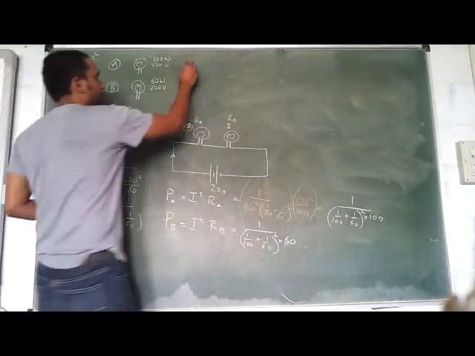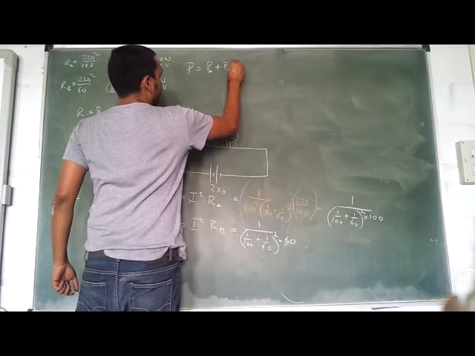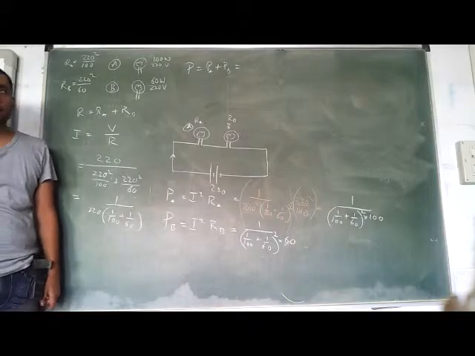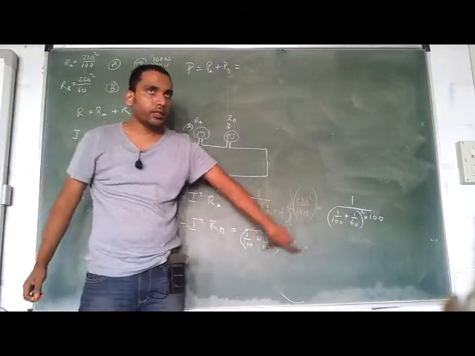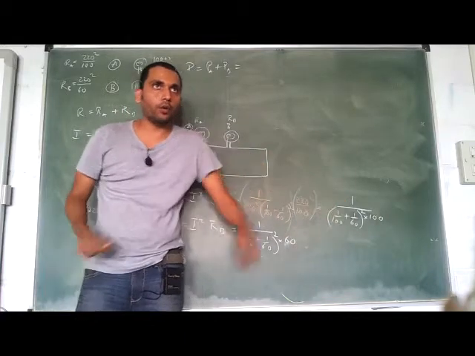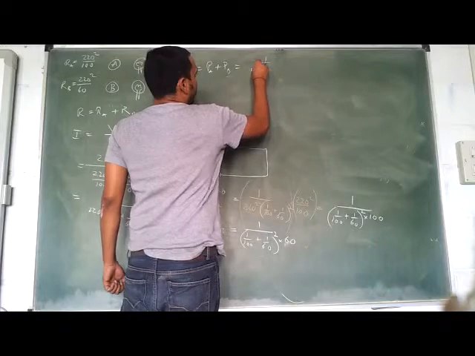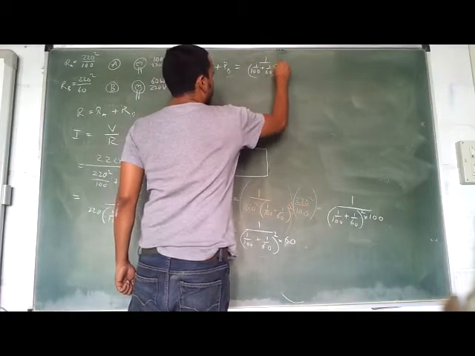Total power is PA plus PB. If I add PA plus PB, look very carefully. This part is common, that part is common in both. So I can write it as 1 upon 1 by 100 plus 1 by 60, with the square common.